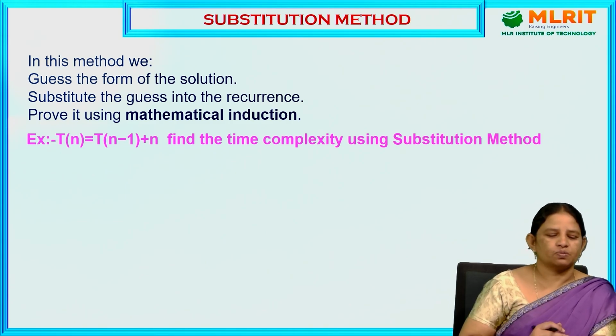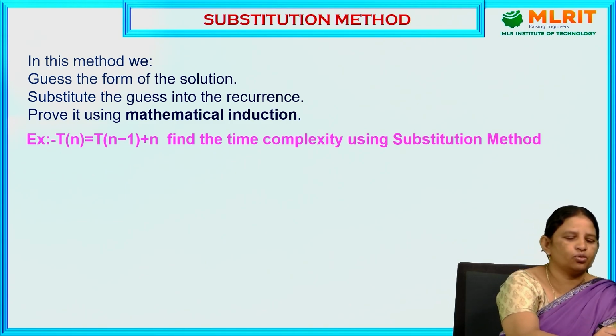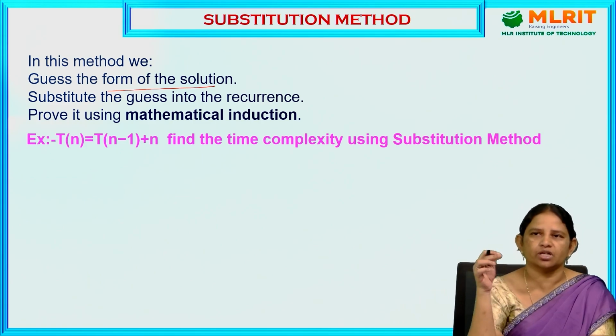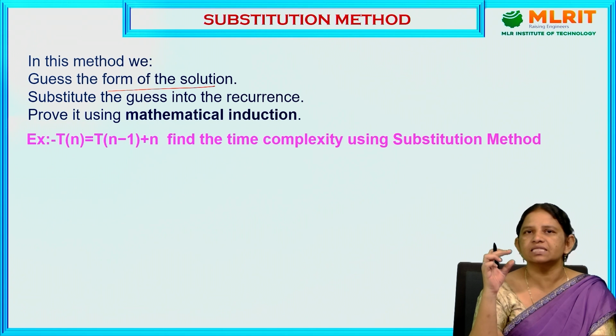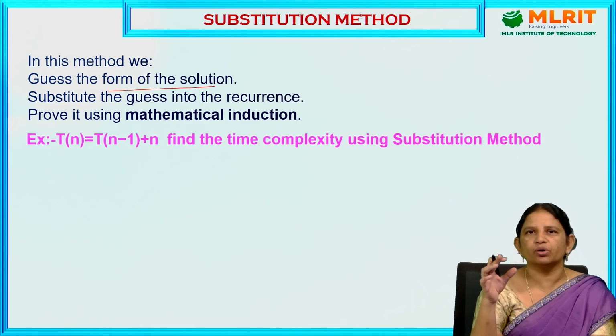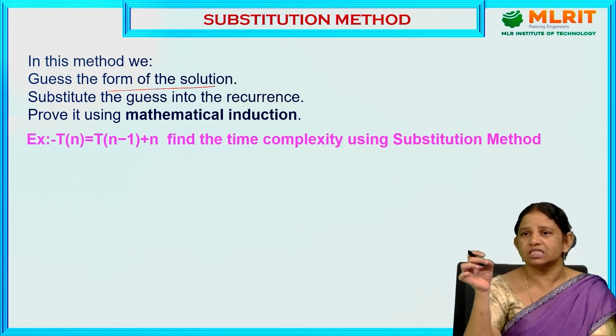In the case of the substitution method, first we need to guess the form of the solution. We need to substitute the value repeatedly until some formula is derived. We should not simplify the recurrence relation. We are going to calculate the derived formula based on the given equation.